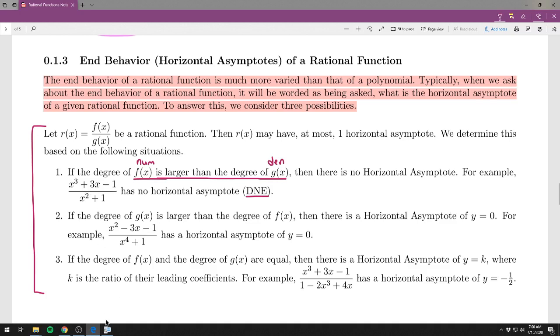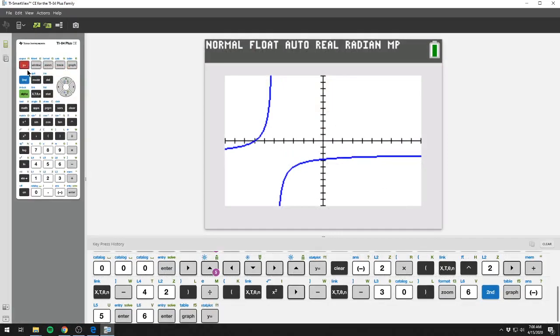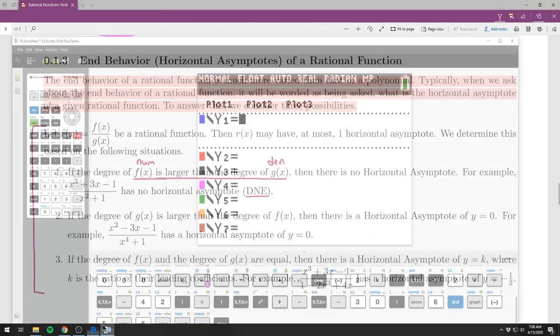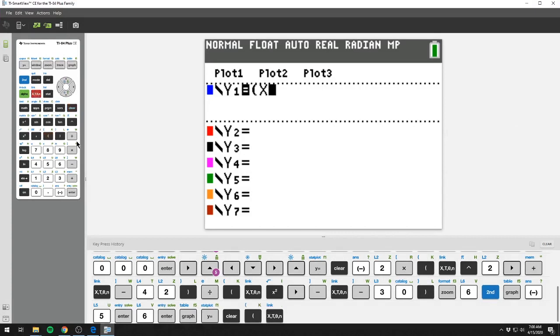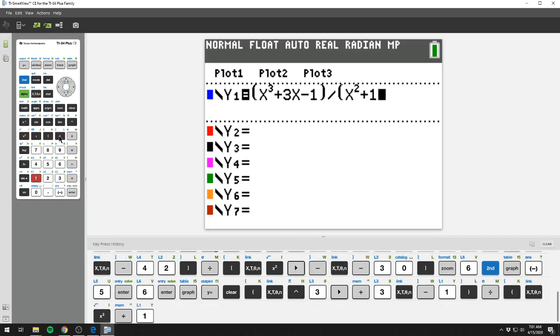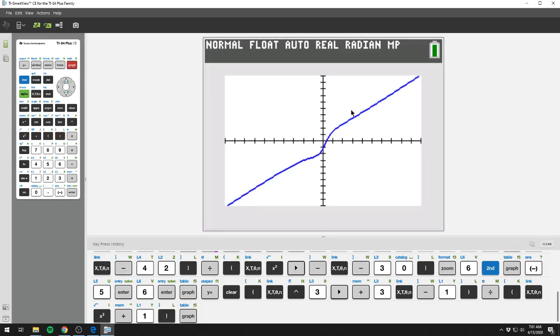All right, so I'm going to go ahead and graph this in the calculator to really explain what we're talking about here. All right, so we got x cubed plus 3x minus 1 on the top, divided by the bottom, x squared plus 1. Now if I hit graph, horizontal asymptotes, like I mentioned, what you're going to see is that the graphs really flatten out.